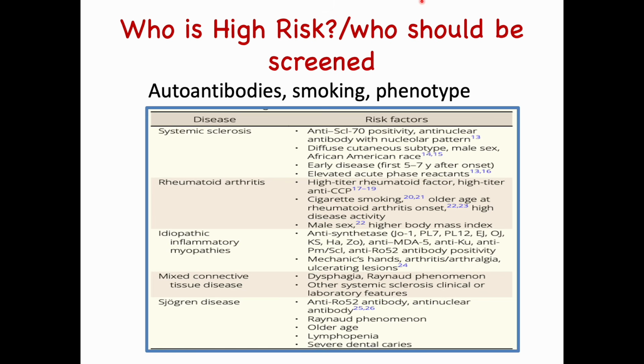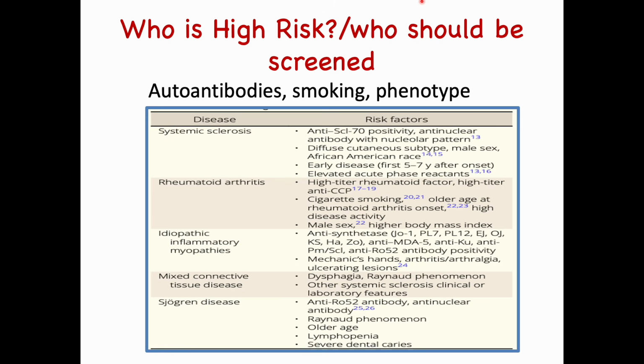So, the primary indicators will be an early diffuse disease, which means that the patient may have rapid skin hardening, and may have systemic features of systemic sclerosis, which should be in the earlier phase. You must go ahead and screen them. But do we only screen diffuse systemic sclerosis?